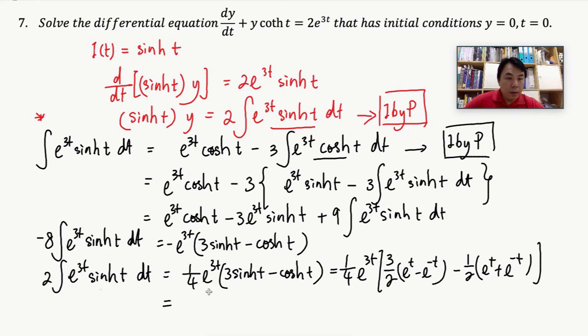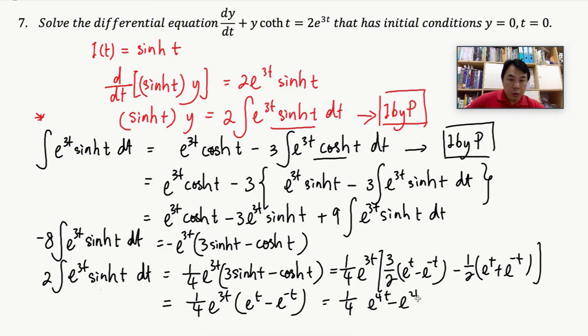So that will be negative 1 over 4 e^3t, and then this one, just let me check properly, that is an e^t. And the other one is negative e^(-t). And then finally, if you simplify that, you will get e^4t minus e^2t plus a c, of course.